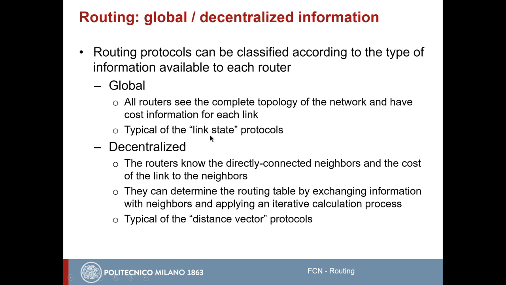Okay? So in case of link state protocol, each router can reproduce the complete topology of the network. Instead, in the case of distance vector protocols, the routers do not need to reconstruct the full topology of the network. They just need to receive values of distances. So they just need the list of the distances between themselves and all the other destinations in the network.